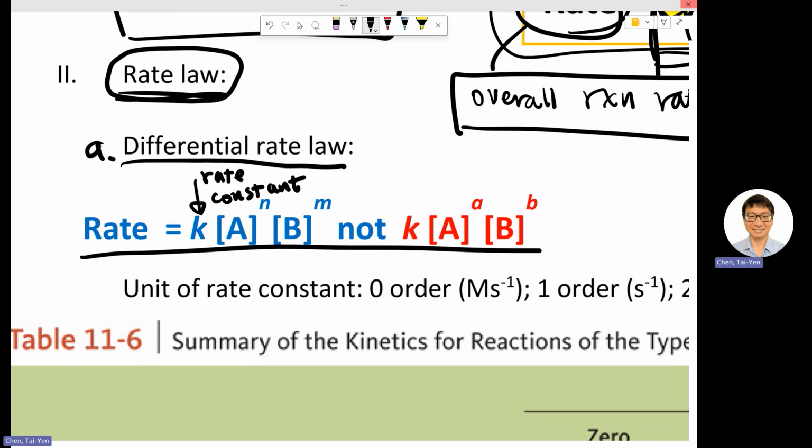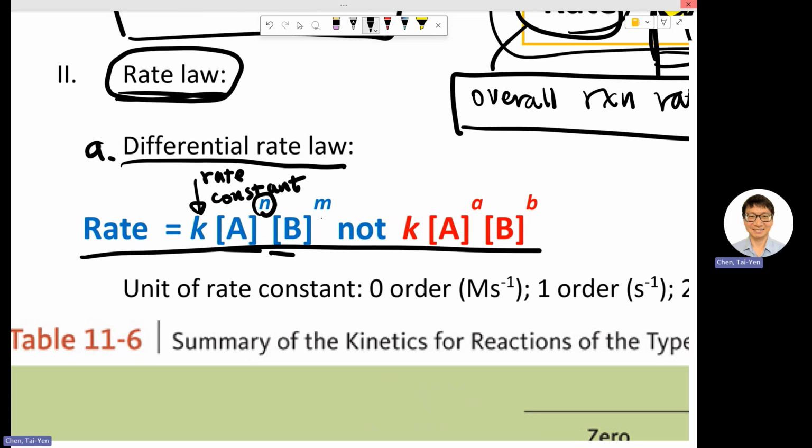Reactants. Make sure you know when you write out a differential rate law, the rate can be expressed as a function of a rate constant k, multiplied by the concentration of your reactants. Only reactants, not products. It cannot have products in it. Multiply the reactant terms, raised to certain powers.